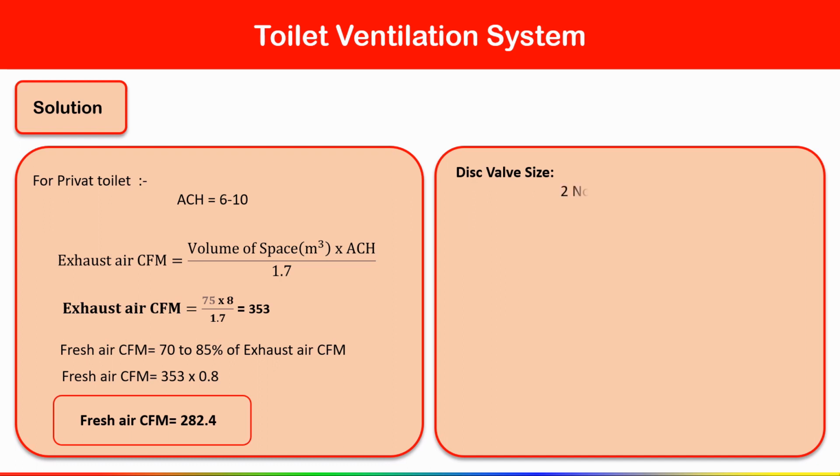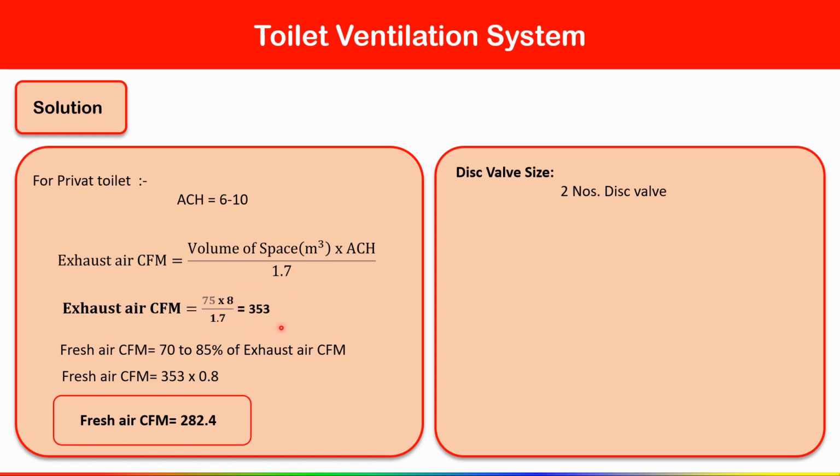So here suppose I have selected two disc valves. Here I am talking about exhaust air CFM. Why do I place this disc valve? For the exhaust air CFM, we have to exhaust with the help of this disc valve only.